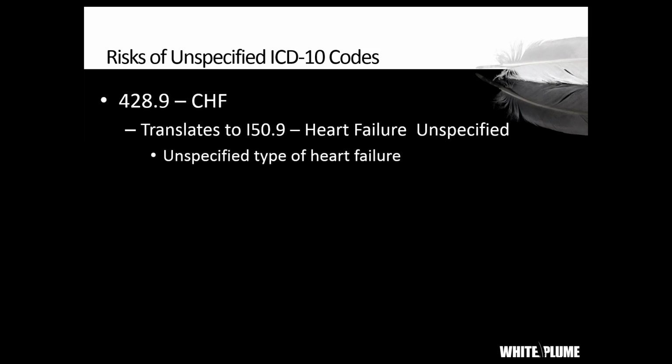It's unspecified as far as the type of heart failure. Is it systolic? Is it diastolic? Is it combined? It's also unspecified as far as the onset. Was it acute? Was it chronic? Is it acute on chronic? Right? These are the areas where I need to be more specific in ICD-10.